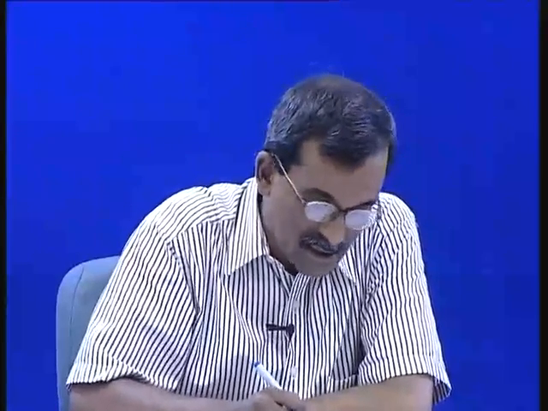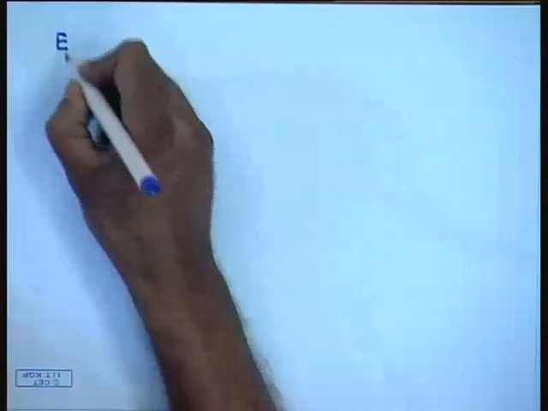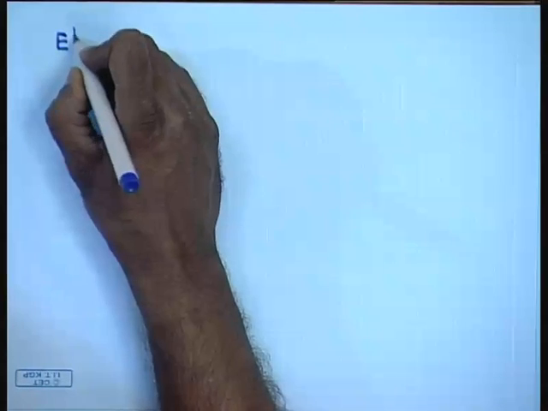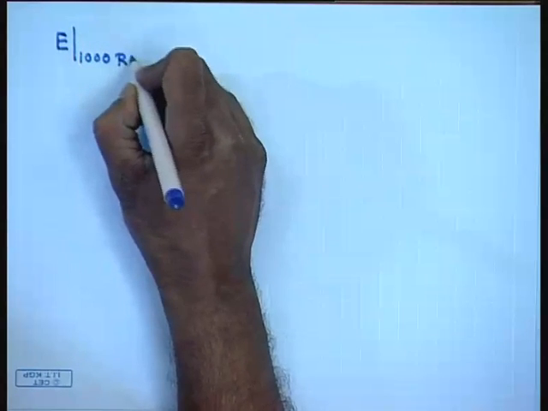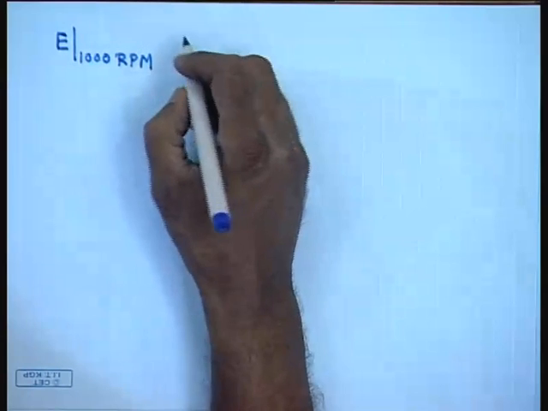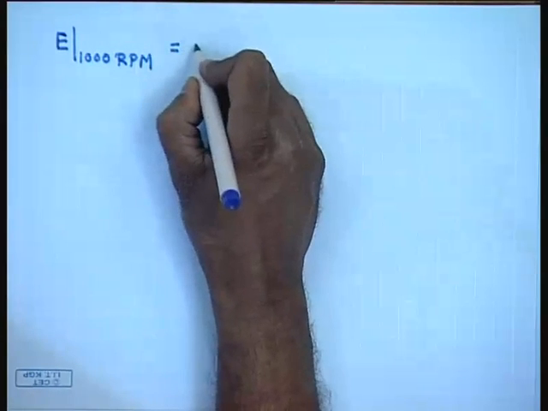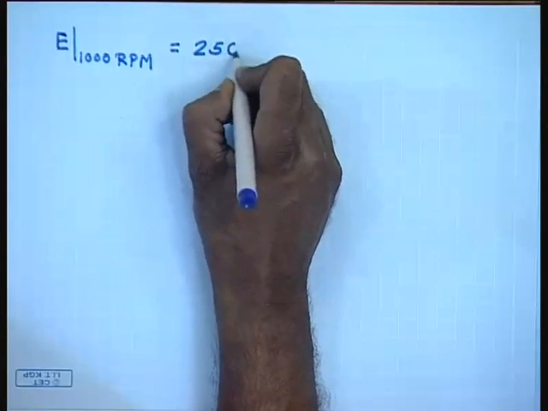Let us solve one more problem regarding the characteristics of DC shunt motor before we move on to the next topic. For this, let us assume a DC shunt machine, when operated as a generator at 1000 rpm, gives a terminal voltage of 250 volts.